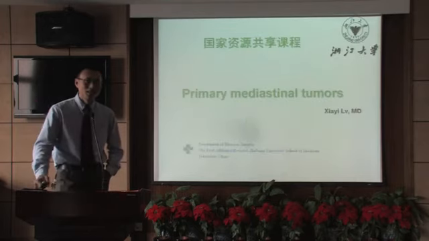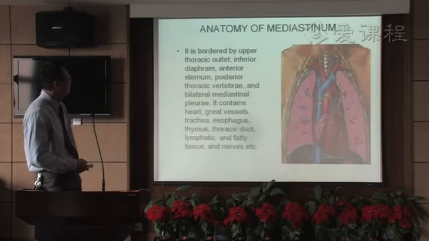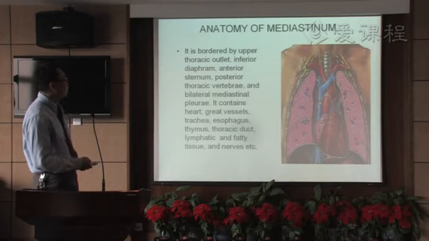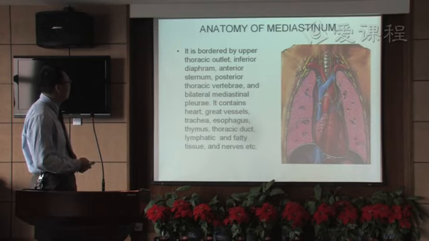We talk about primary mediastinal tumors. Anatomy of the mediastinum. It is bordered by the upper thoracic outlet, inferior diaphragm, anterior sternum, posterior thoracic vertebrae, and bilateral mediastinal pleura.